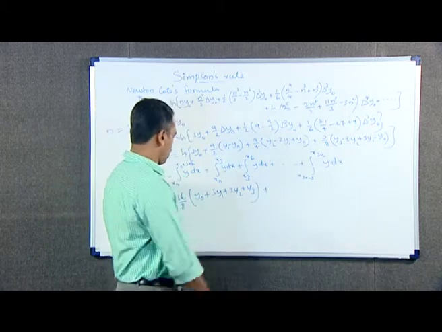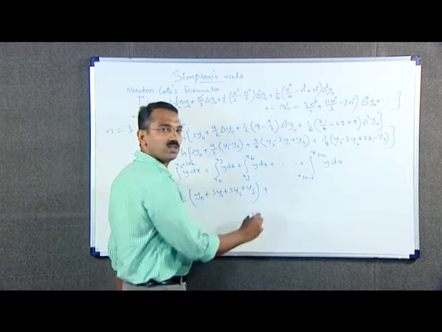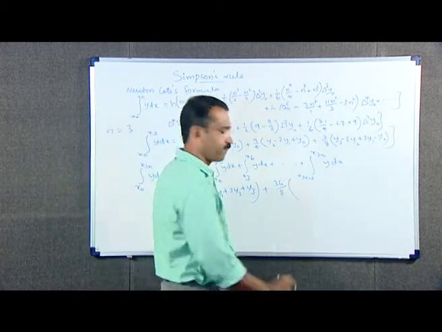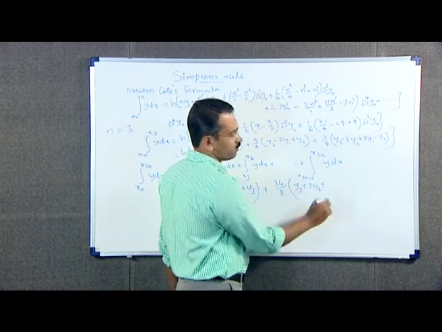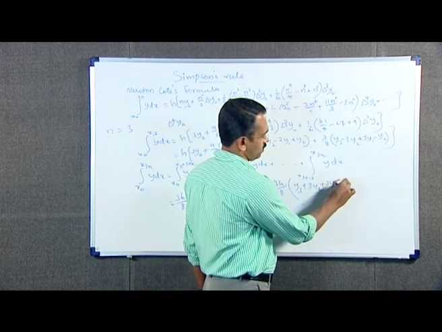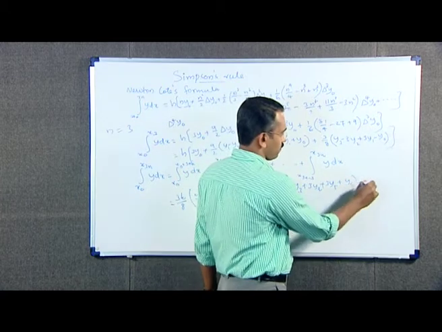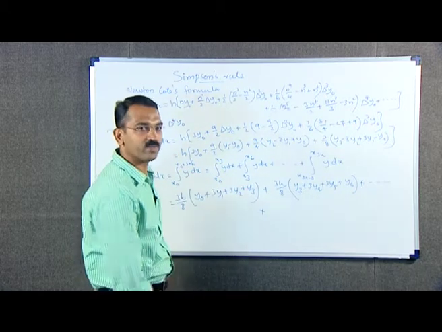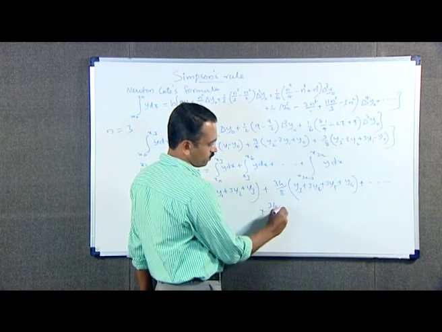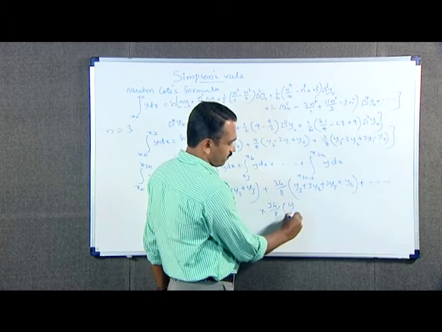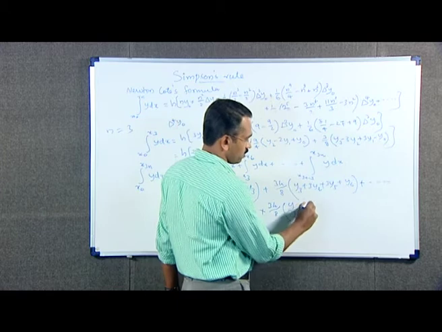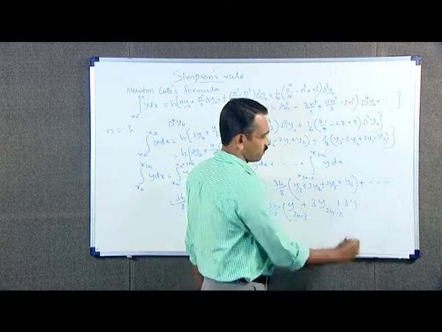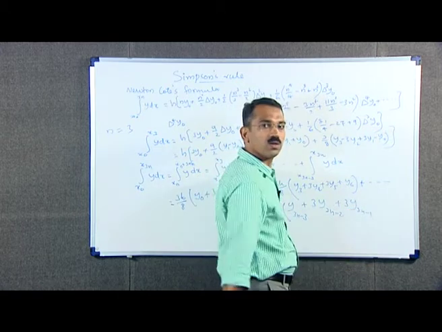Plus, similarly, the value of this integral is 3h by 8 into y3 plus 3 y4 plus 3 y5 plus y6, plus etc., plus the value of the integral from x3n minus 3 to x3n of y dx, which is 3h by 8 into y3n minus 3 plus 3 times y3n minus 2 plus 3 times y3n minus 1 plus y3n.